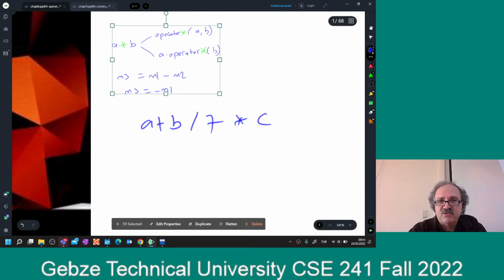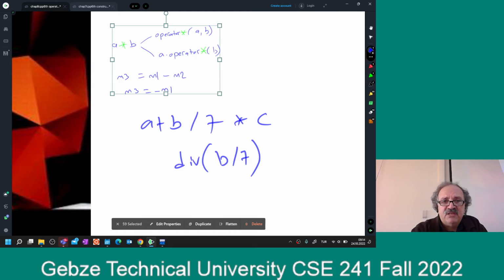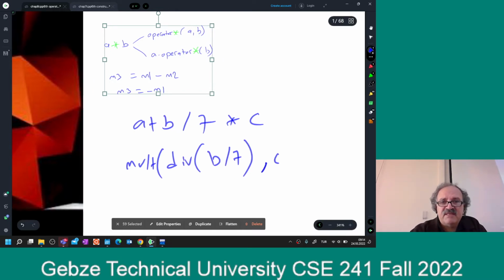The precedence rule says that first divide b by 7, then multiply the result with c, and then add a.